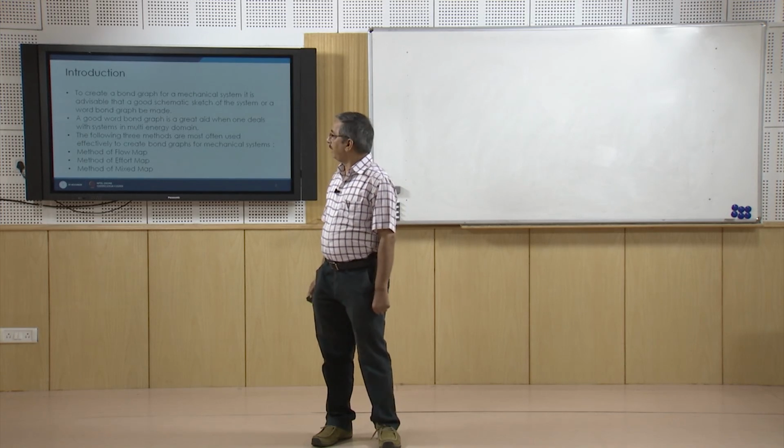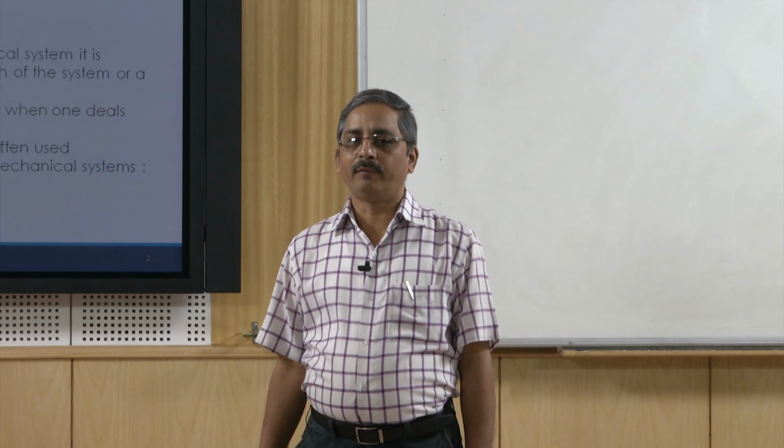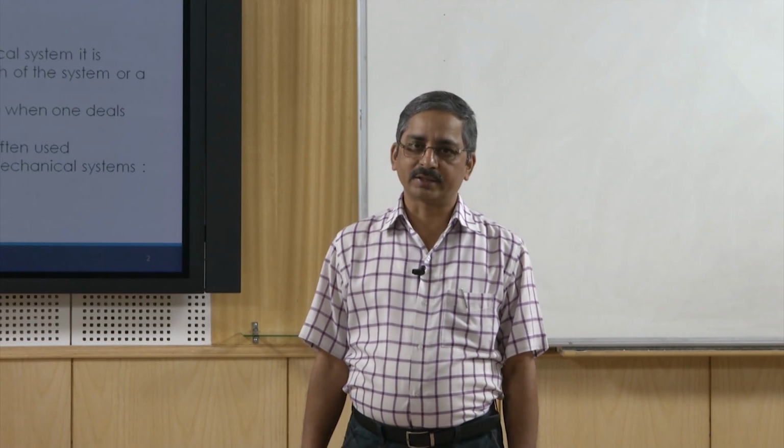To create a bond graph model of a mechanical system, it is advisable to have a good schematic diagram of the mechanical system, or we can have the word bond graph of the mechanical system.